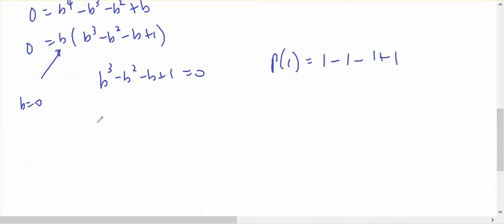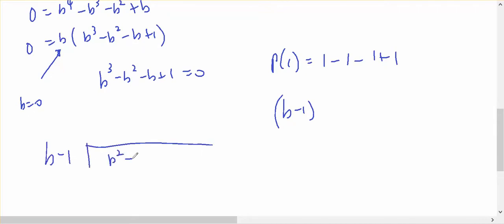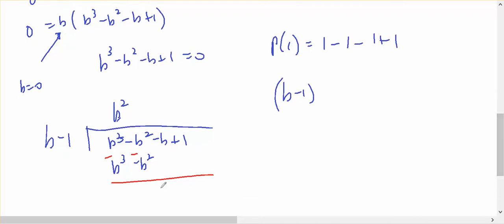Therefore, I know that b minus 1 is a factor, so b minus 1 divided into b cubed minus b squared minus b plus 1. b goes into that b squared times b is b cubed minus b squared. Subtract, I get 0. Therefore I've got minus b plus 1. b goes into minus b plus 1 minus 1 times, and I get minus b plus 1, which gives me 0.